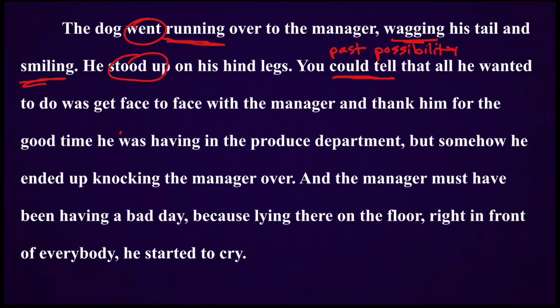So "was having," past progressive, in the produce department, but somehow he ended up, so this is past simple, knocking, but they're using it with ing, knocking the manager over. So again, we see a lot of these times where they're using the ing with a different verb before it. And again, it makes it more specific. So it's like the past progressive, but they're using it connected with other actions.